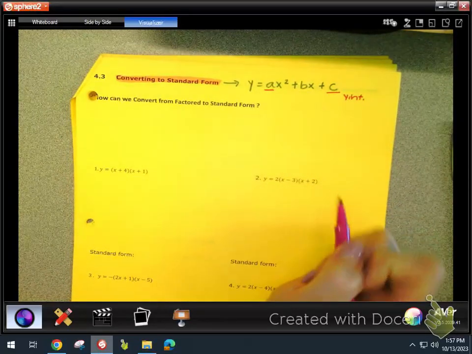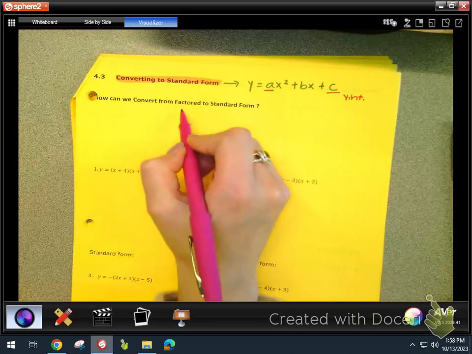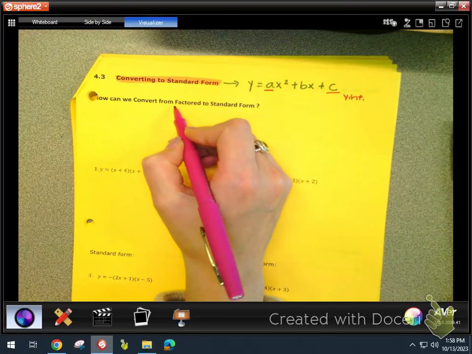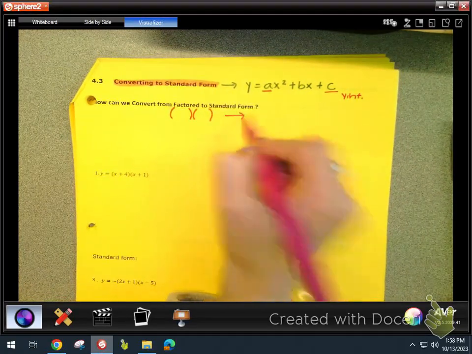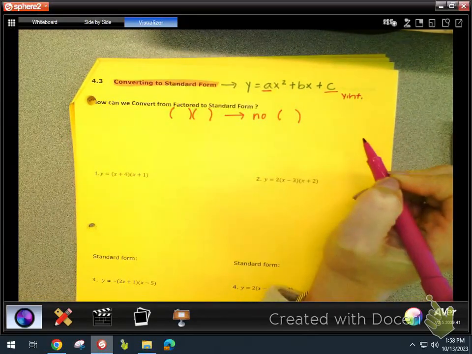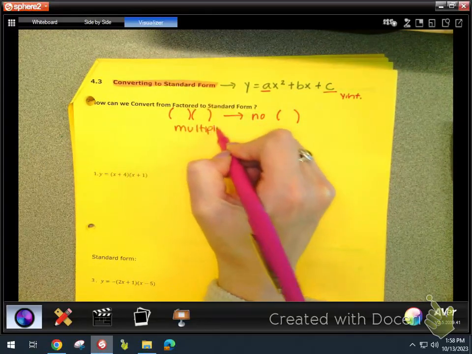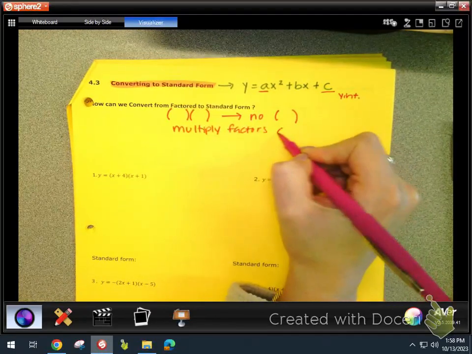So as far as steps, if we want to go converting to standard form, we're going to start, again, this page is on factored form. How many parentheses does factored form have? 2. And we want to go to standard form, which has no parentheses. In order to do that, we are going to multiply the factors out.